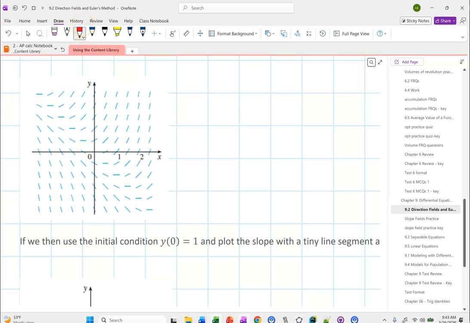So I'll plot the point 0, 1. Looks like maybe it was right there. Everybody's okay? So I'm just going to now use that point and the slope field to sketch in my solution, which would kind of look like that.